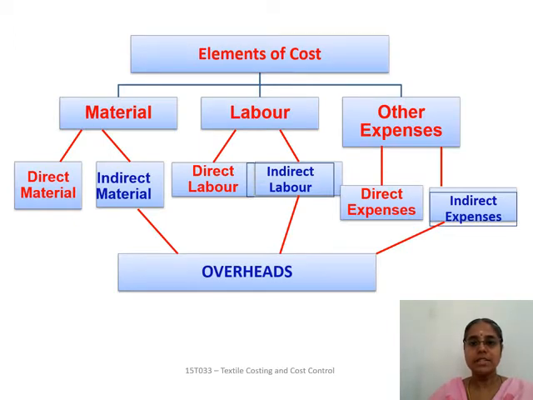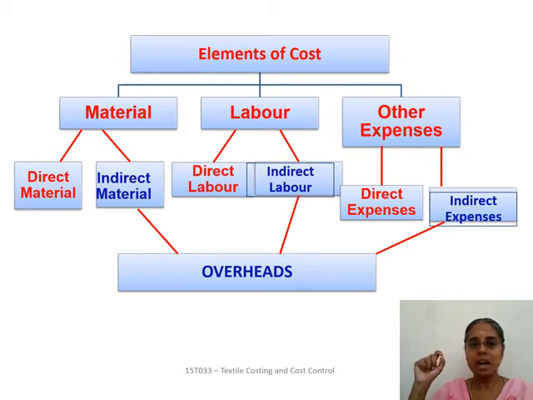So, as I said, the elements of cost and its basic understanding is very much necessary before understanding anything related to costing. We have the basic classification as material, labor, and other expenses based on the nature. And in that, materials you have direct and indirect materials, direct and indirect labor, and other expenses as direct and indirect expenses.